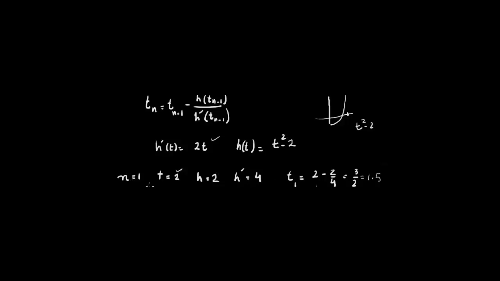These are the three values I need to know: 1, 2, and 3. I plug them in and I get an estimate, which tells me that if we drew a tangent to this curve at this point 2, it would cut the x-axis at 1.5.